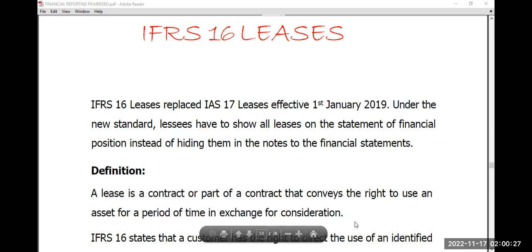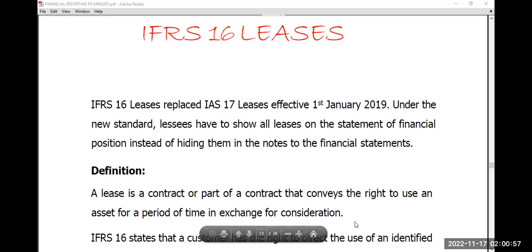When you look at a new standard, when it is coming in, just note it has replaced some of the standards. IFRS 16, that is the leases, replaced IAS 17, where we used to account for these leases.